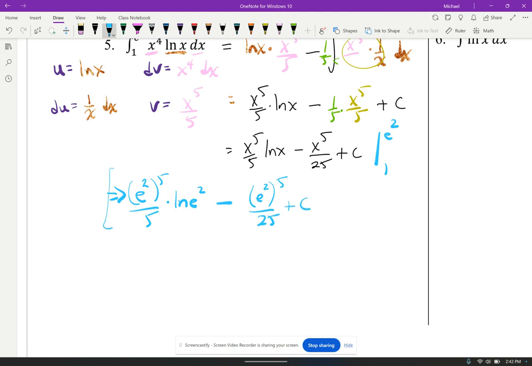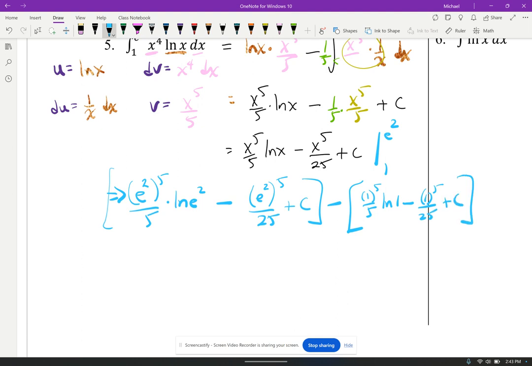I guess you can put the plus c if you like, but it's about to be canceled out when I do the second part. And then 1 to the 5th over 5 natural log of 1, minus 1 to the 5th over 25, plus c.